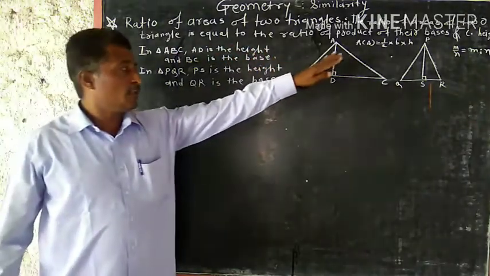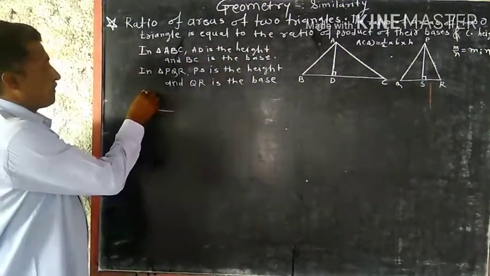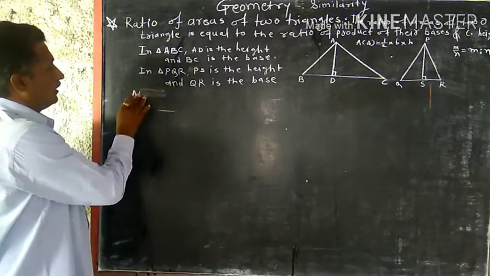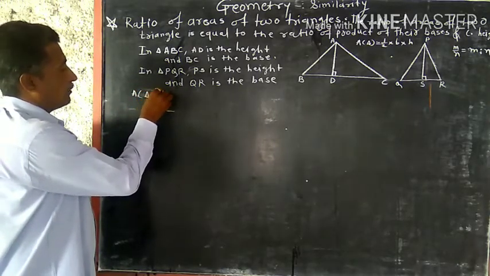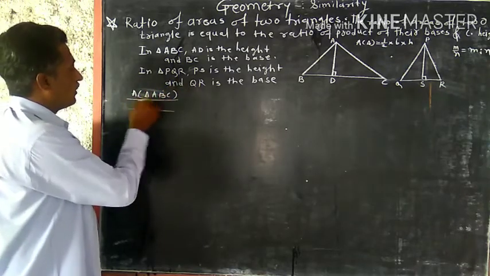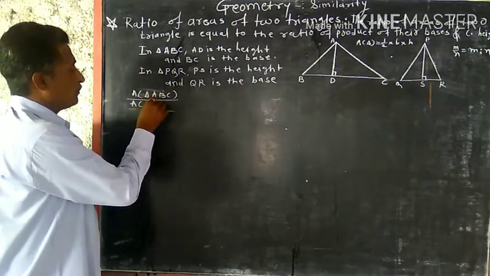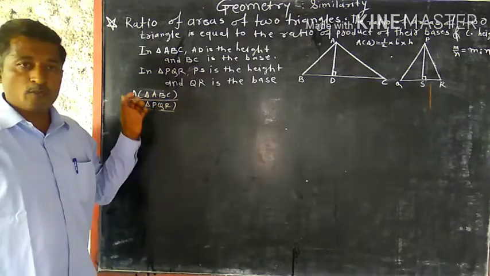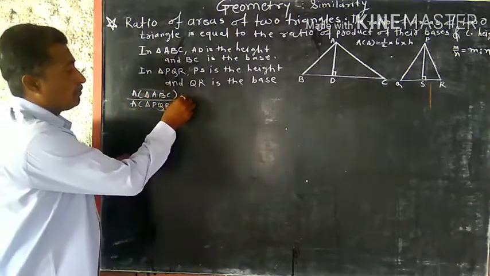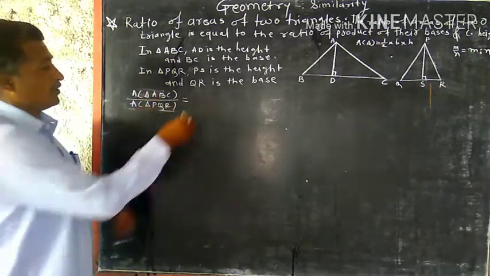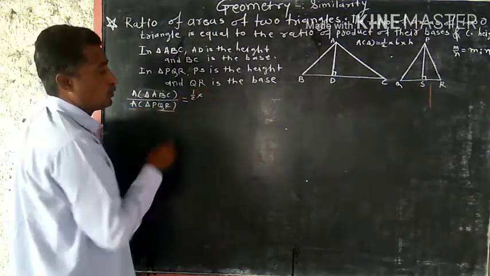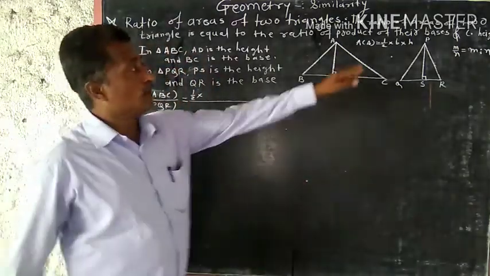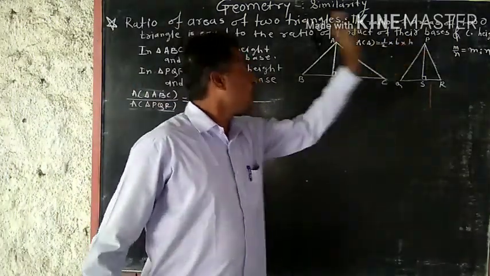Area of triangle ABC upon area of triangle PQR. It is a ratio of two triangles, equal to the ratio of 1/2 into base into height.